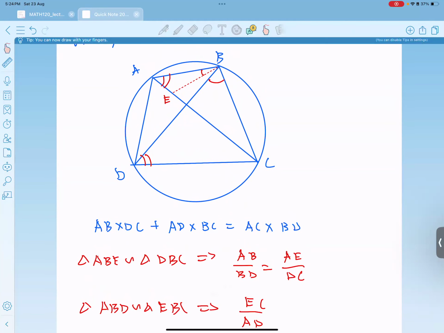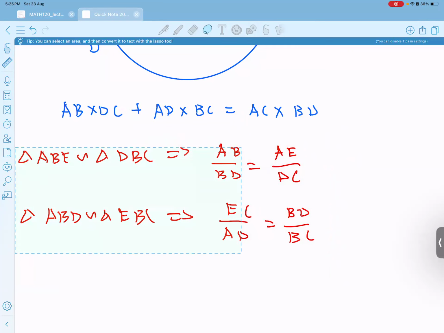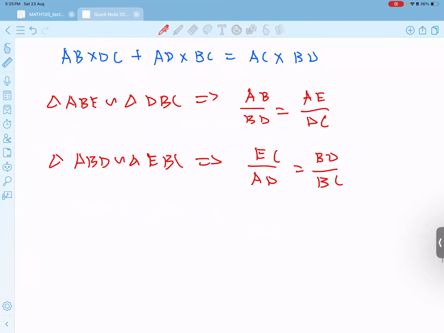So we'll have AB times AE equal to BD times DC, and EC times BC equals BD times AD.